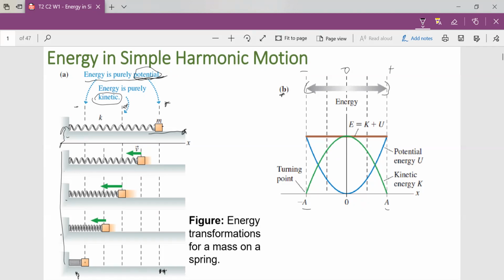So we have the green line representing the kinetic energy, while the blue line represents the potential energy. And this is the energy for the system. Energy for the system is simply the sum of potential and kinetic energy, right?